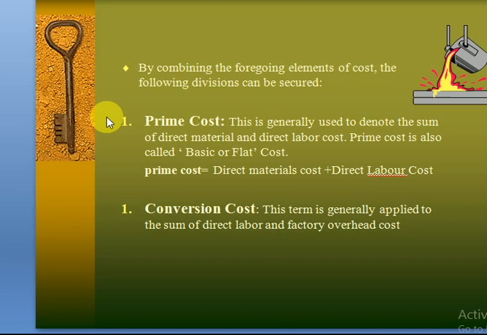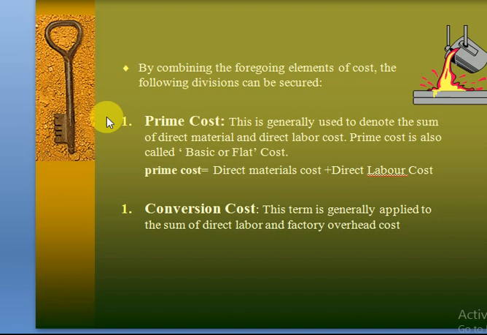In other words, dear students, keep in mind that this is the amount of the direct labor and overhead cost that are required to convert raw materials to the actual product or finished goods.